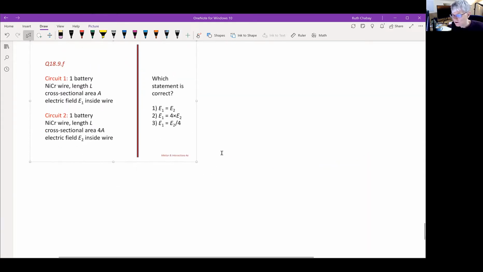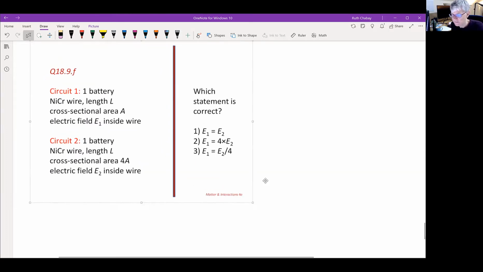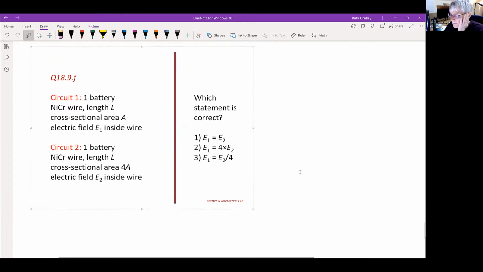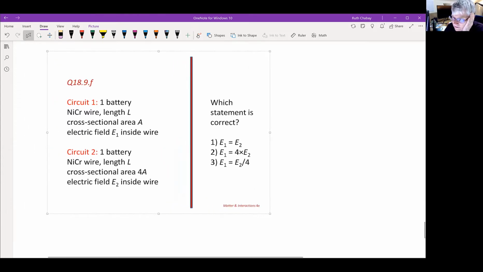So circuit one in this case has, so we now are comparing circuits in which the wires have the same length but different cross-sectional areas. So here's one. And here's two.